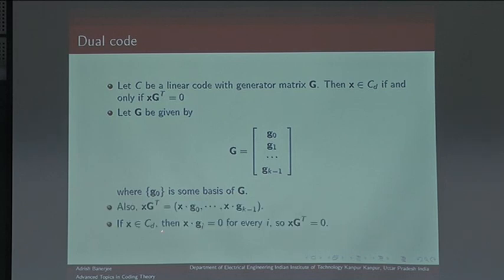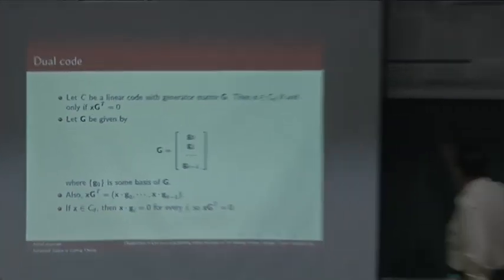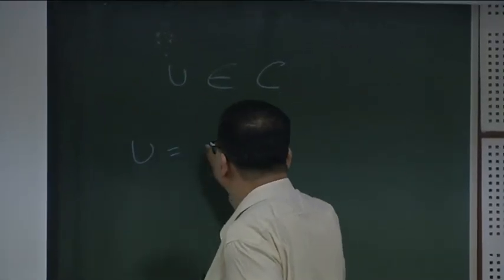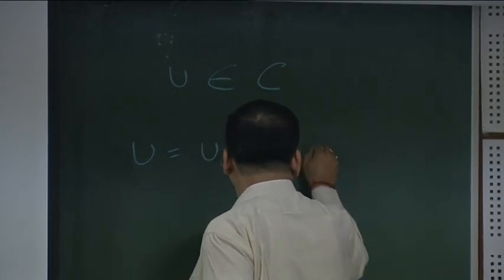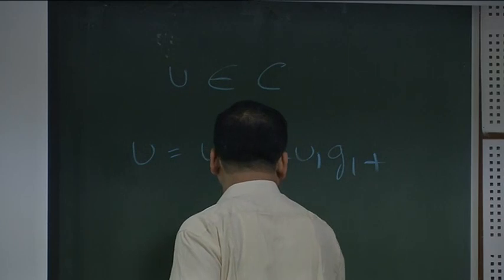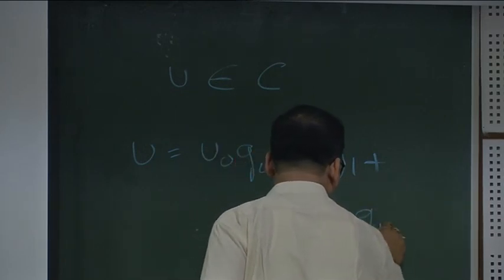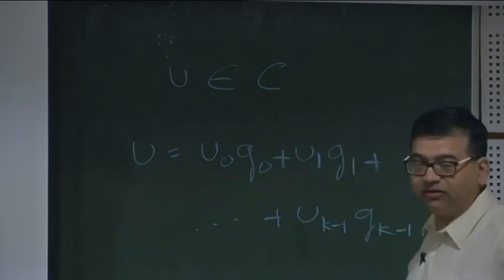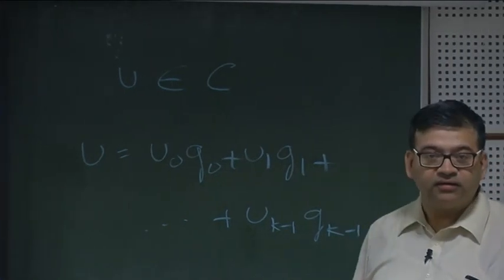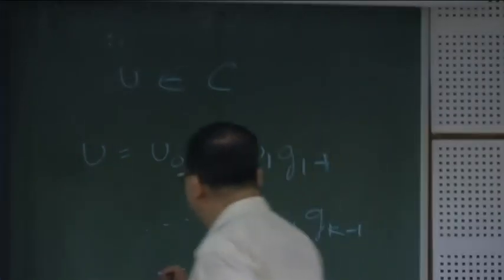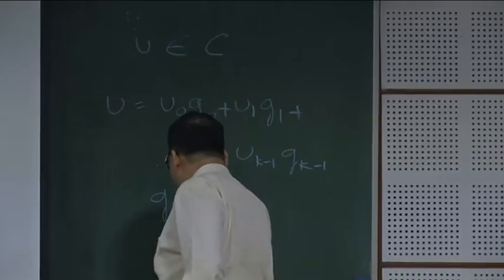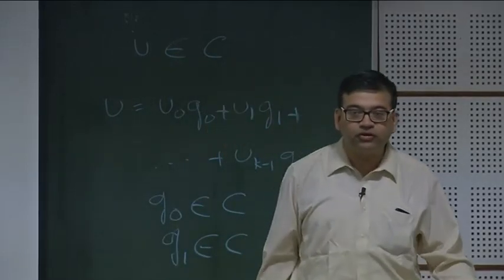So, the point I am trying to make is this code word which belongs to C can be written as some linear combination of, let us say, U0 G0 plus U1 G1 plus ... plus U(k-1) G(k-1). So, if U0 is 1 and the others are all 0, what is your code word? G0. So, G0 is a valid code word belonging to C. Similarly, G1 is a valid code word belonging to C. G2 is a valid code word.